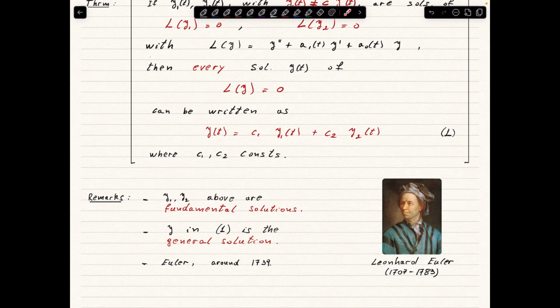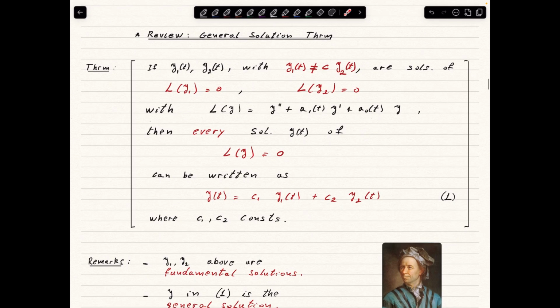So what we are going to do now is use this general solution theorem to find all the solutions to a differential equation of this form in a particular case: the case that the differential operator has constant coefficients.